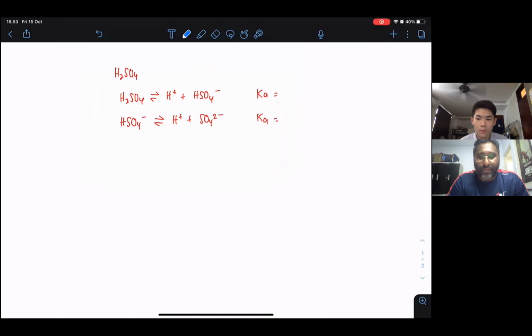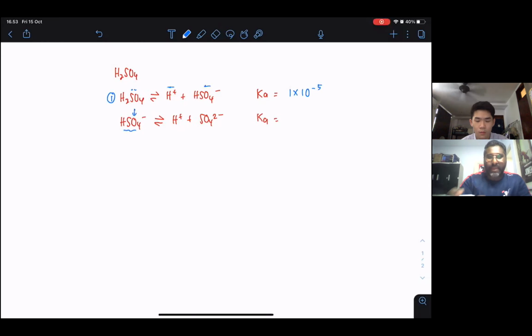So in this case, if you look at the first example here, we know that this one will dissociate to give you this. Even though it is dissociating, the value is still going to be low. Let's say this is 1 times 10 negative 5, for example. And because the HSO4- is low, this is going to be low.